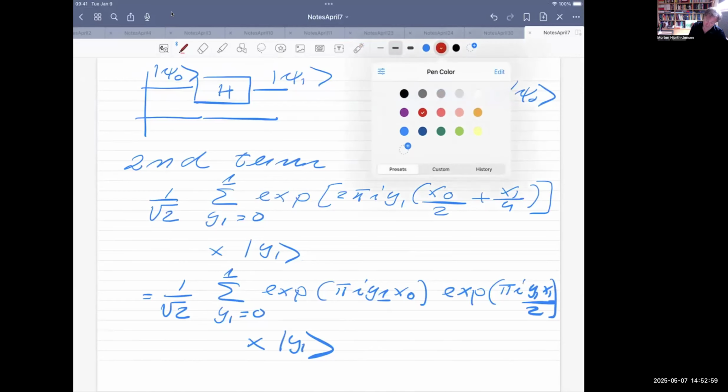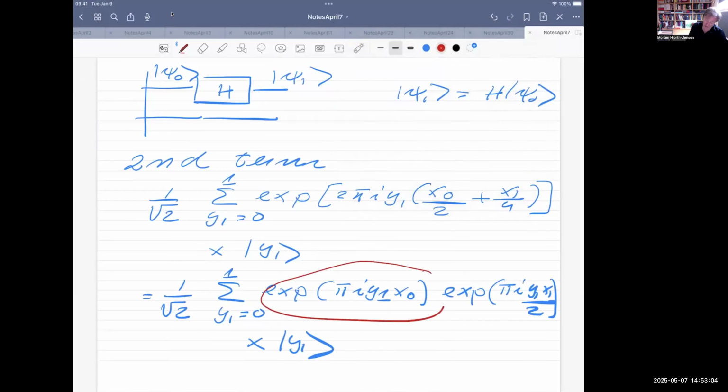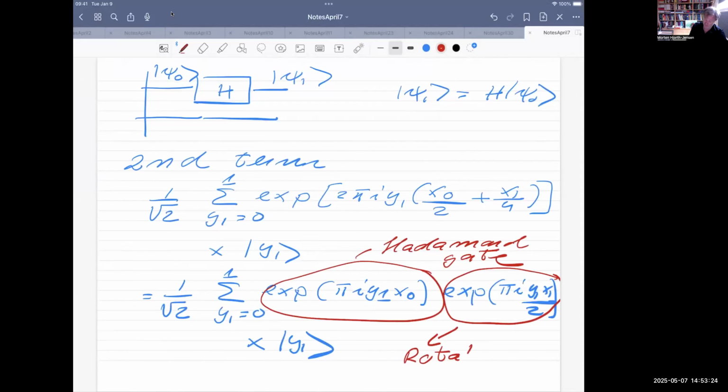So this one will be nothing else than a Hadamard gate on the second qubit. On the other hand, when we now look at this term here, we are going to identify this one as a rotation gate.